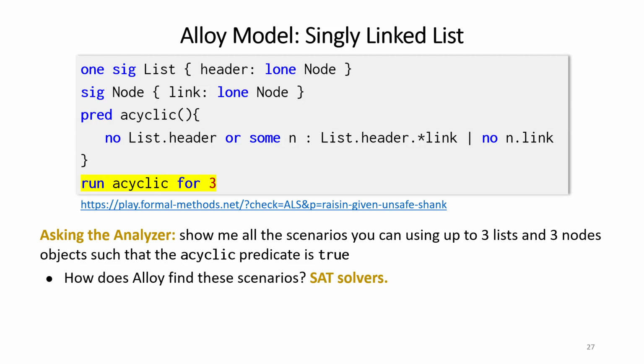And you can imagine, what are we limiting here by this 3? That's the number of elements in the list, but this is limited to 1 anyways. And we're limiting the number of nodes, so this will be then 3. So then there are only finitely many combinations of those, and Alloy will just try to use a SAT solver to find those that satisfy the predicate.